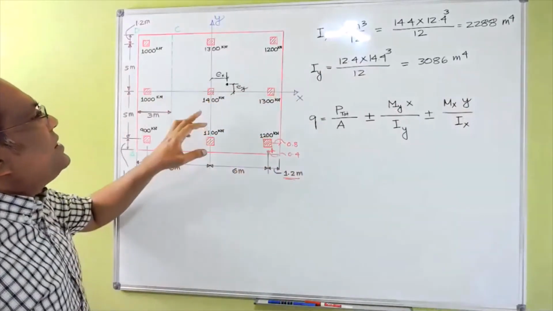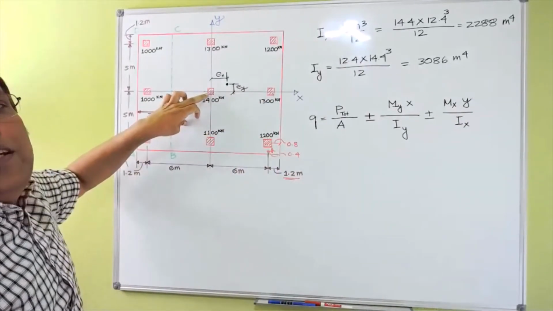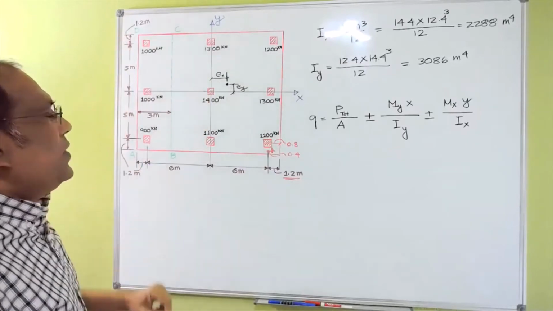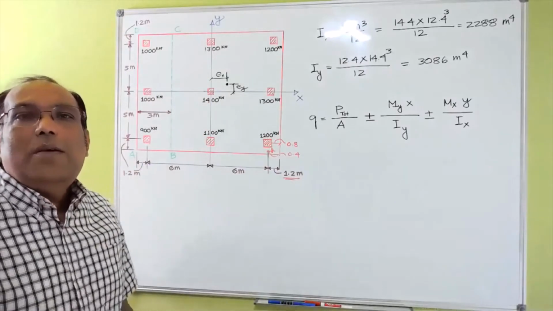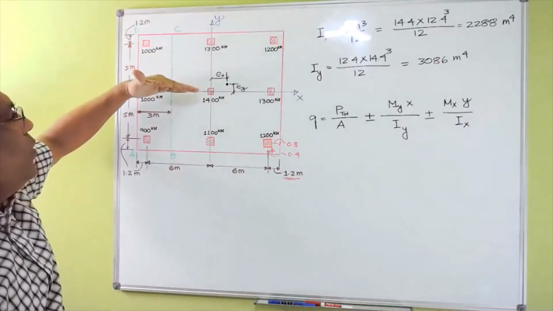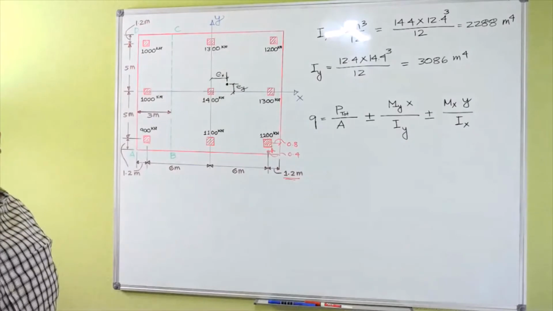Since this is our origin, everything on this side has negative X, and Y would be positive this way and negative this way.